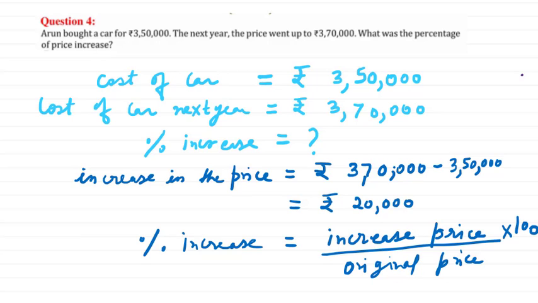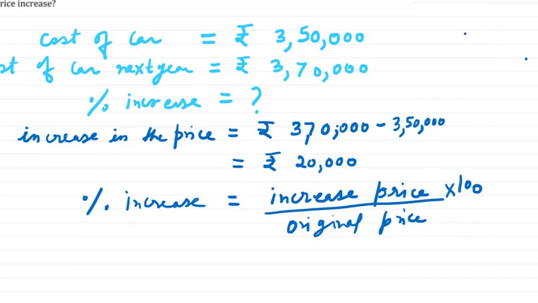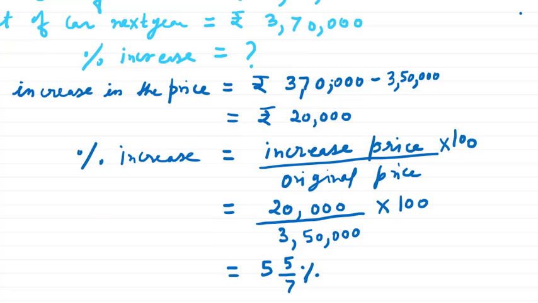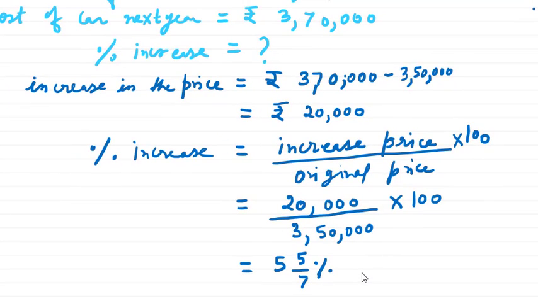So that will give you the answer. So here we have the increased price. So the increased price is 20,000 and the original price was 3,50,000, and then multiply it with 100. So after solving it, you will get 5 5/7%. So that will be the answer for this question.